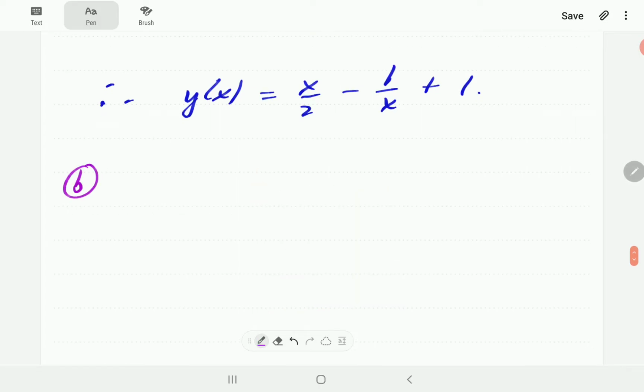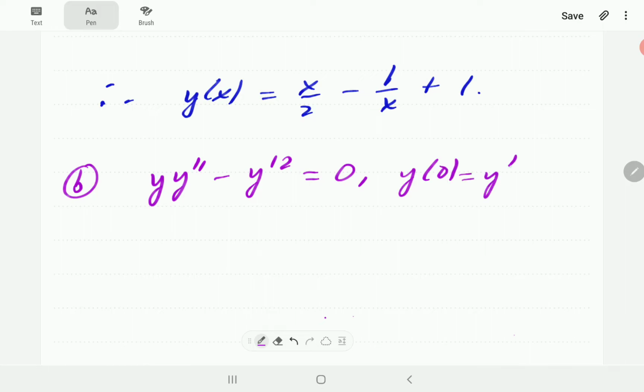Then for part B, we have y double prime minus y prime all squared is equal to 0. The conditions, when x is 0, y is equal to y prime, they're both equal to 1.